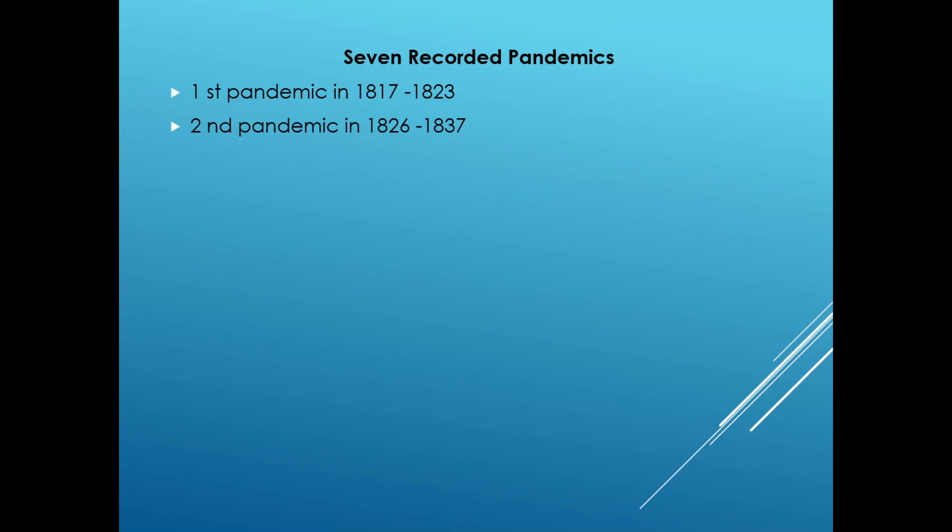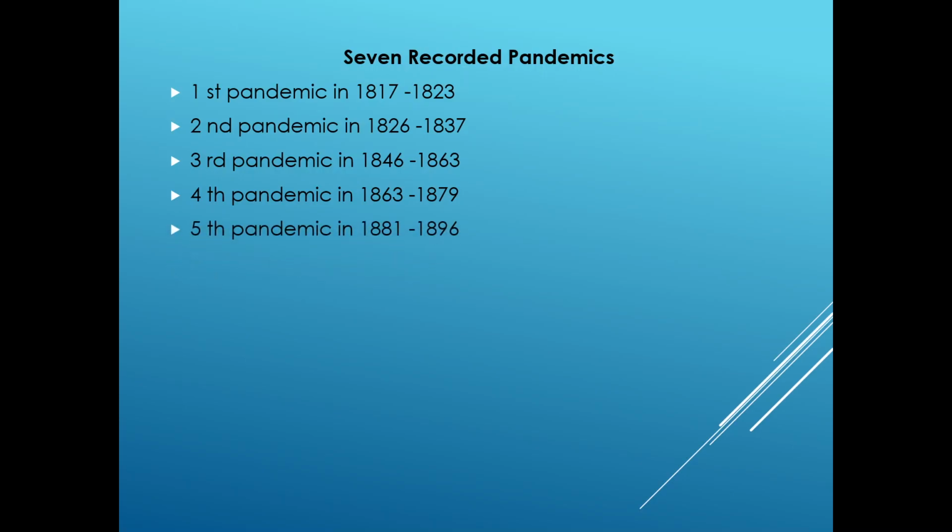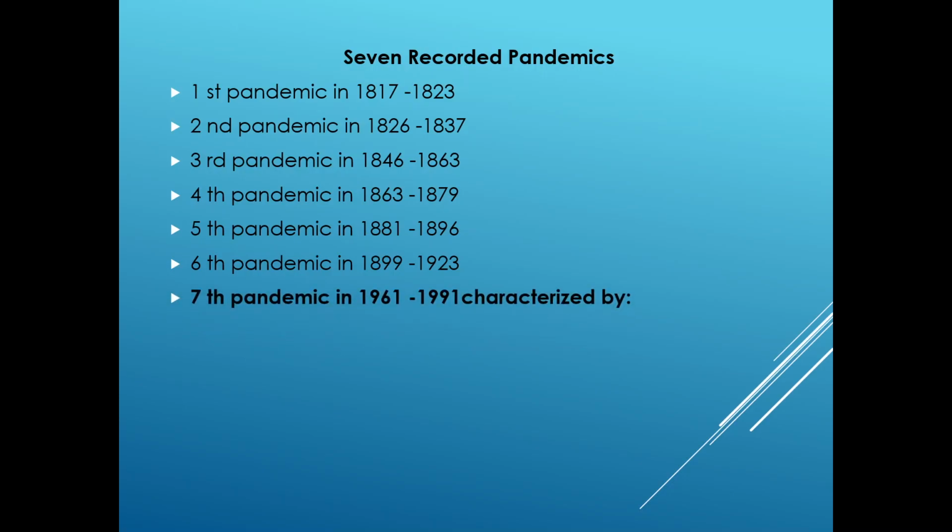The second pandemic was in 1826 to 1837. The third pandemic was in 1846 to 1863. The fourth pandemic was in 1863 to 1879. The fifth pandemic was in 1881 to 1896. The sixth pandemic was in 1899 to 1923. The seventh pandemic was in 1961 to 1991, characterized by the causative agent Vibrio cholerae biotype El Tor.